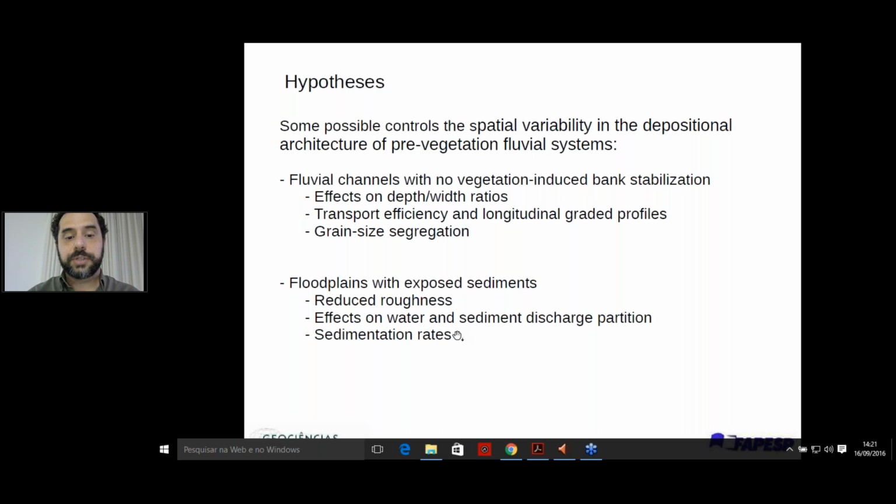And of course, that would imply different sedimentation rates and would also influence strongly the transport efficiency inside the channels, because a much larger proportion of the water discharge would be running on the floodplains than what we would get in modern systems. So less water in the channels, more water running through the floodplains. And we wanted to evaluate what would be the consequences of that and how we can test those hypotheses looking at some well-exposed pre-vegetation fluvial systems here in Brazil.